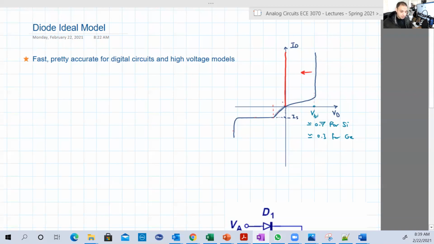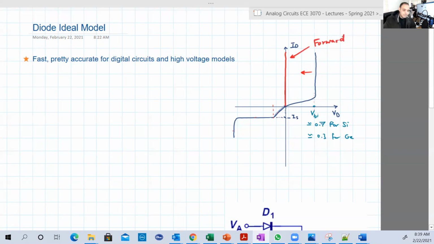So for forward, once you see that the diode is connected in forward bias with the source in the ideal model, it's on, and there will be a current greater than or equal to 0, and the voltage drop is 0. So this is the forward.